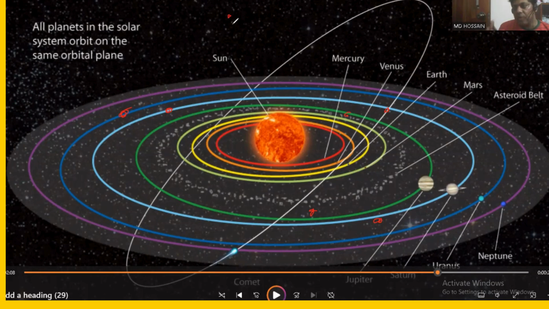Think how much bigger the creator is. Think how much bigger Allah is, in terms of Muslims. So this is another example of the existence of the creator and his absolute power.